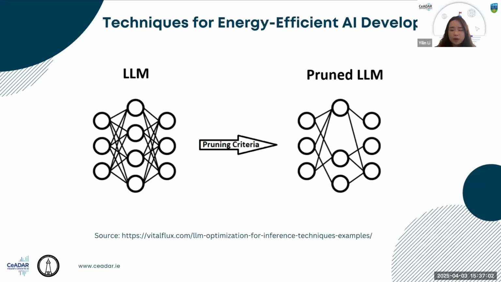So the model becomes smaller and uses less energy in inference. There are different ways to prune, something simple like removing small weights, and others are more complex. But in most cases, pruning helps you get a similar result with less computation. That is great to make large models more efficient without starting over from scratch.